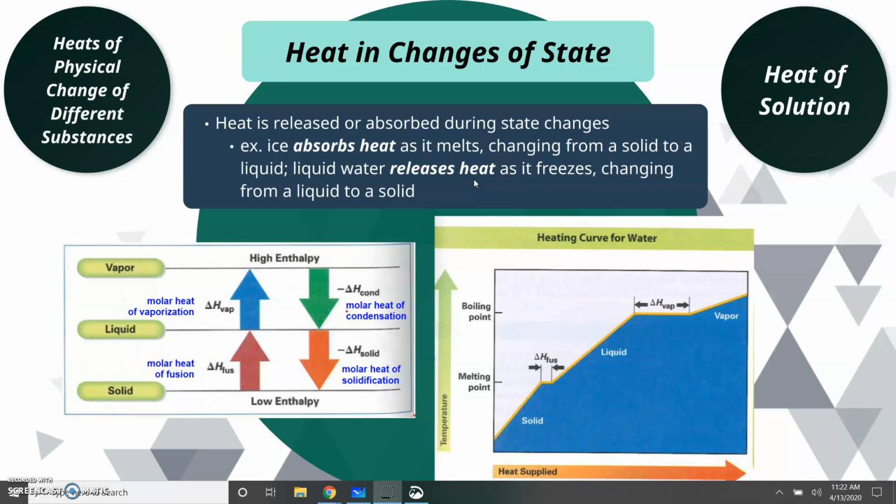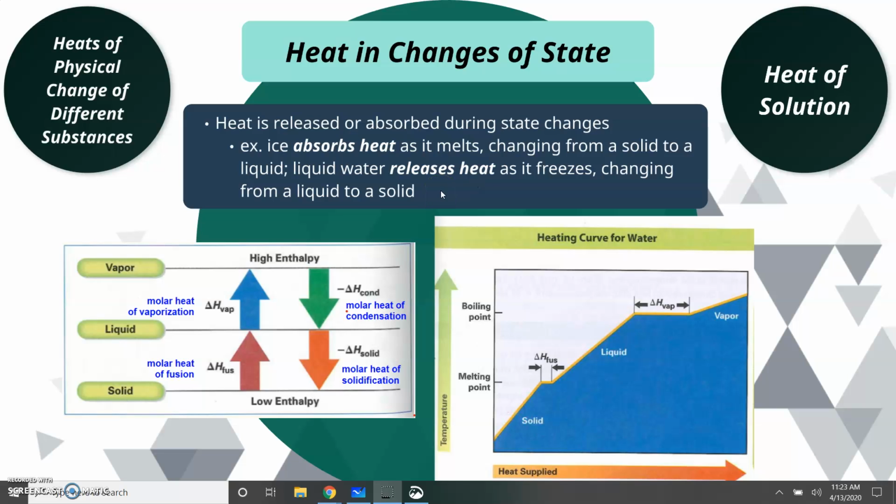What they'll do if they see in the forecast that there's going to be a hard freeze at night, they're going to spray down their orange orchard with liquid water so that as those cold temperatures come in, and the temperature drops, that water will freeze, and through the process of freezing, it's going to release enough heat to keep those oranges from being damaged. Super clever, very cool application of heat and changes of state.